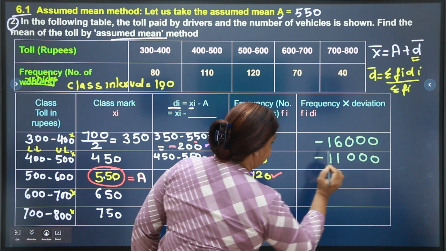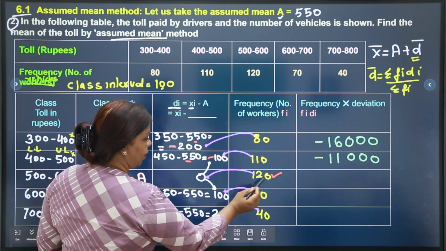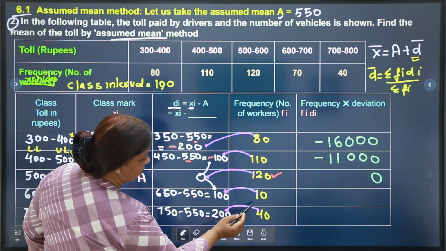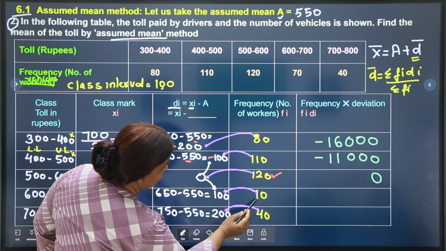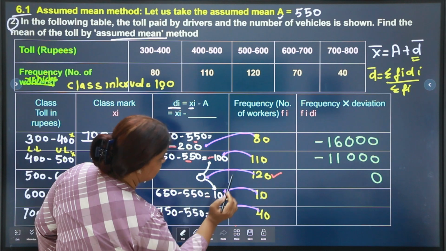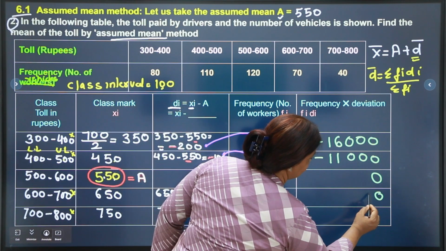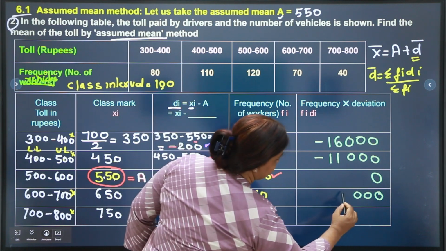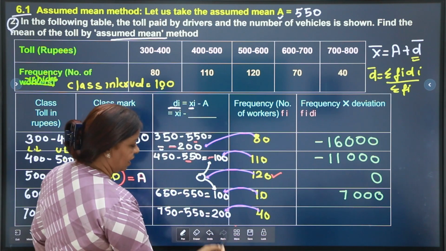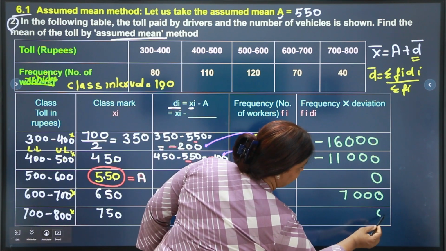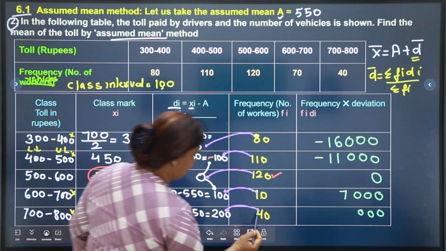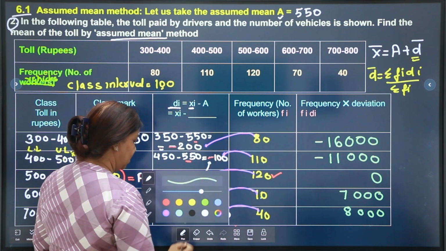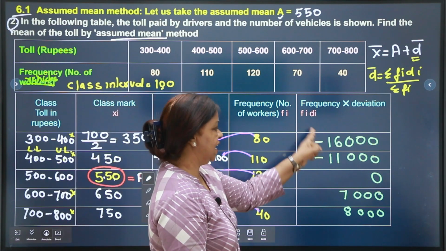Minus 11. Now here 120 zeros are 0. Okay. Now this is 70. 1, 2, 3, 0. So 1, 2, 3, 0. And 7 ones are 7. Now here again 3, 0. 1, 2, 3, 4 twos are 8. Now we got each FiDi value.